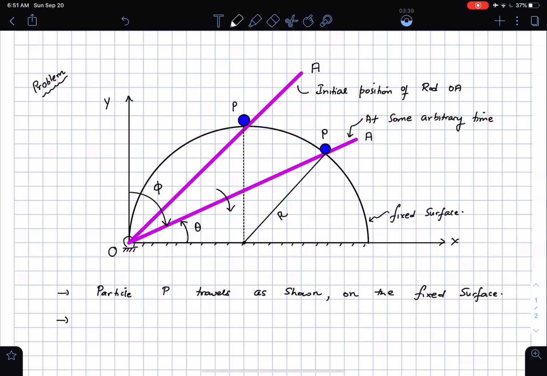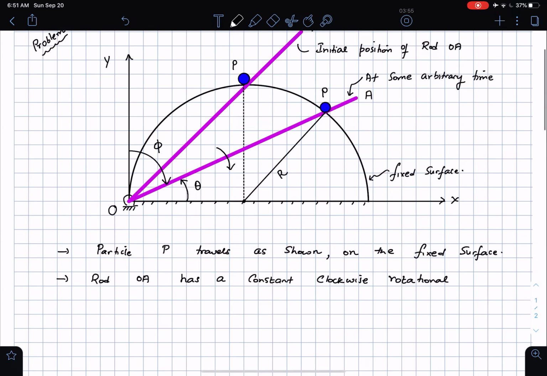The rod OA has a constant clockwise rotational rate of 0.87 radians per second.